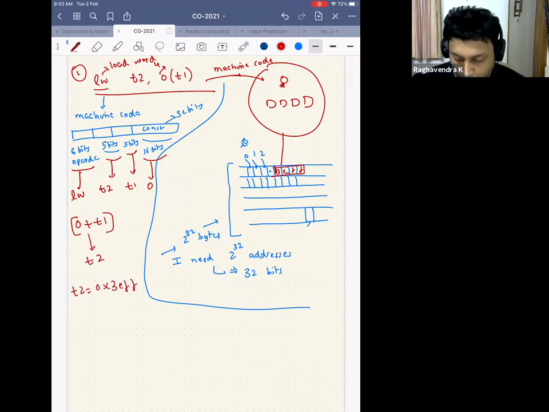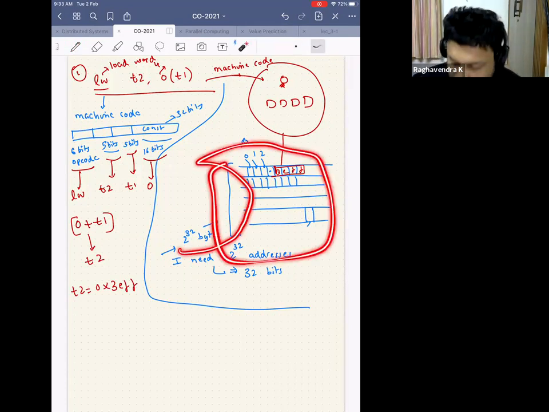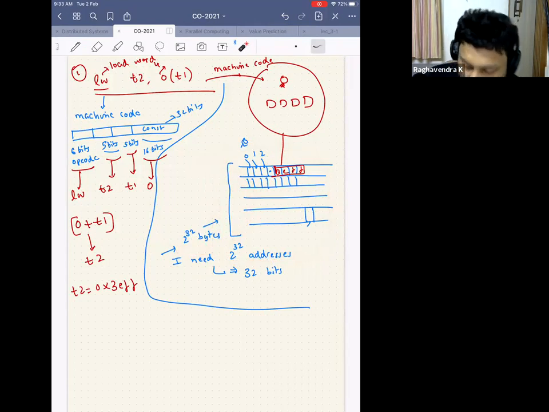So this is all that is there. I am just doing a load word. So this is the base. Now the question is this: how many bytes are there? There are 2 power 32 bytes in this entire thing. But my question is that the constant is just 16 bits, which means that I can represent 2 power 16 different addresses, for 2 power 16 different bytes, which means that I will be able to access only part of the memory.